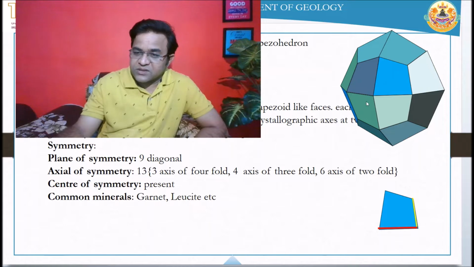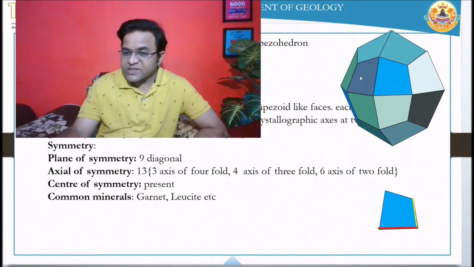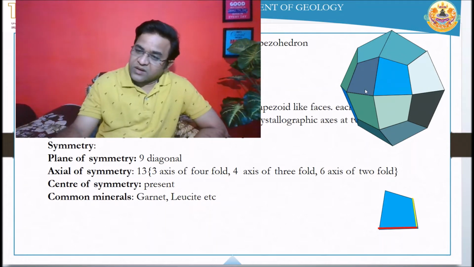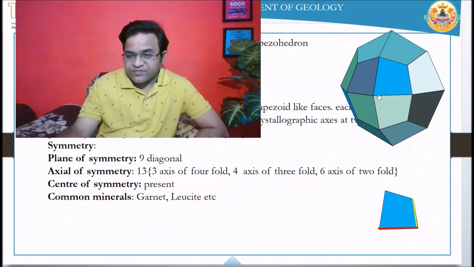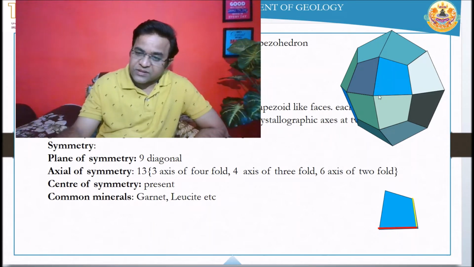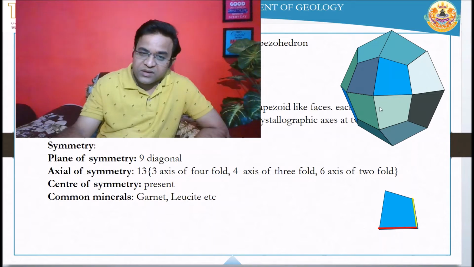So this face is made up of 4 trapeziums, and this common point is a point where 4 trapeziums of the longer length sides meet. So this is a junction of the 4 trapeziums where the length of the sides is longer in comparison to these two. So that is one kind of junction.